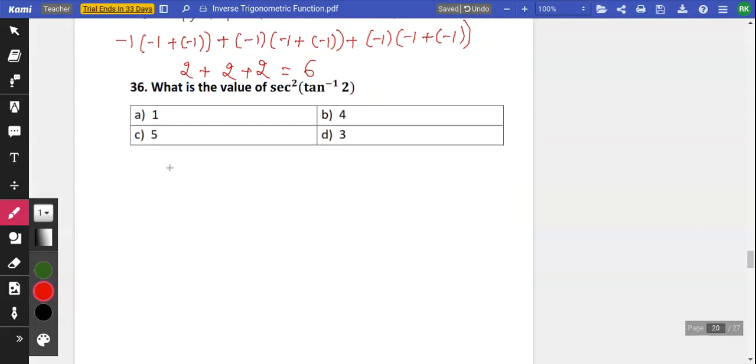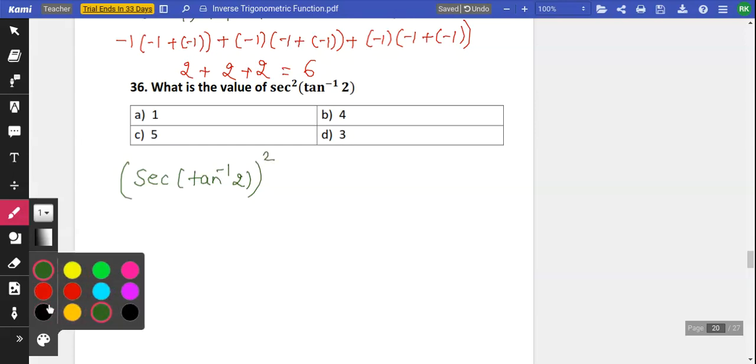In this question, is the sec square. Basically, this question can be written as sec square of tan inverse 2. Now we try to convert tan inverse in terms of sec. Again we draw a triangle.